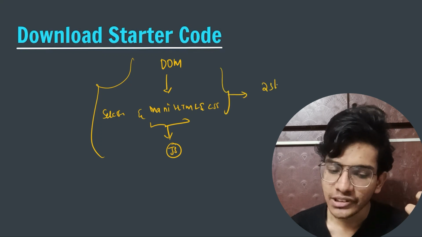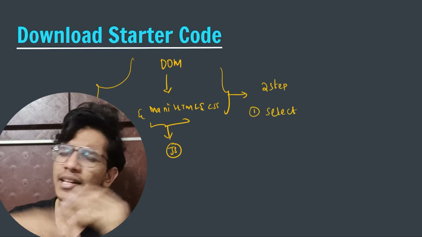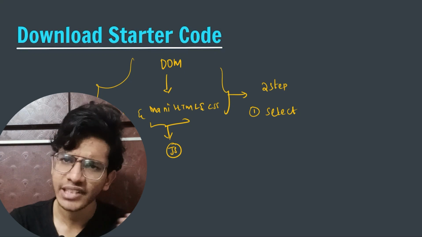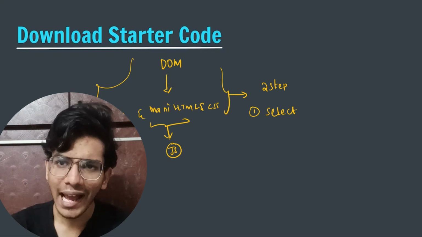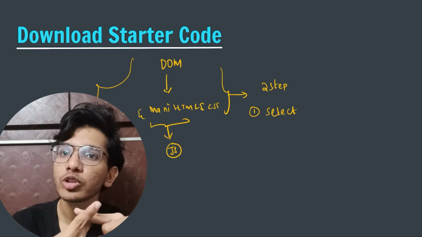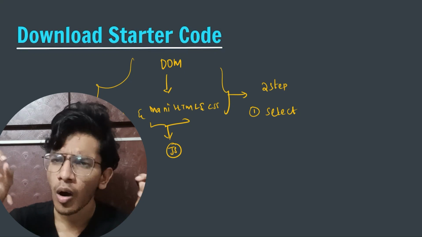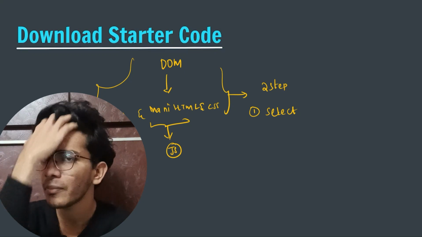The first step is selection. Let's say that in a document we have hundreds of paragraphs, hundreds of images, h1 tags, h2 tags, different tags we can have, right? So the first thing you need to do is select which elements you want to work on, and on which elements you want to perform manipulation steps.